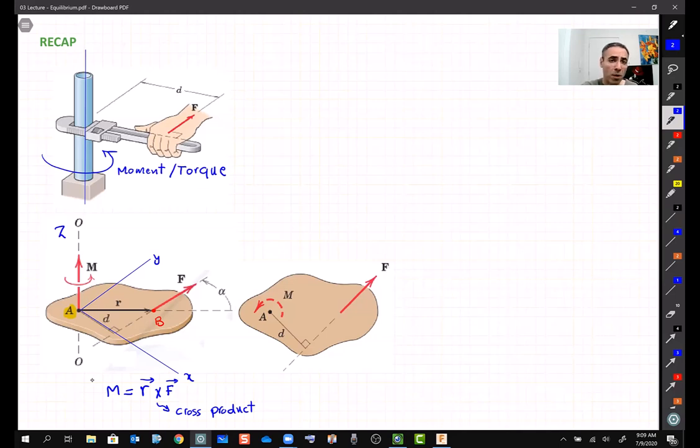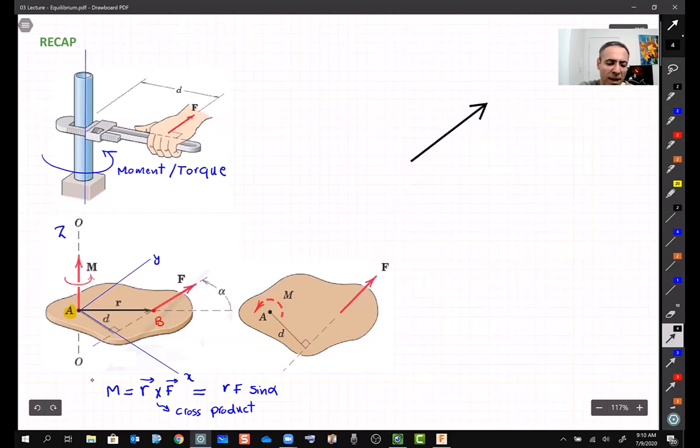But again, as I said on Tuesday, we are not going to use this vector form a lot. Instead, we learned that R cross F gives us the magnitude R multiplied by F multiplied by sine alpha. This is the definition of cross product. When we have two vectors, we multiply them together by a cross product. Again, something from your math course.